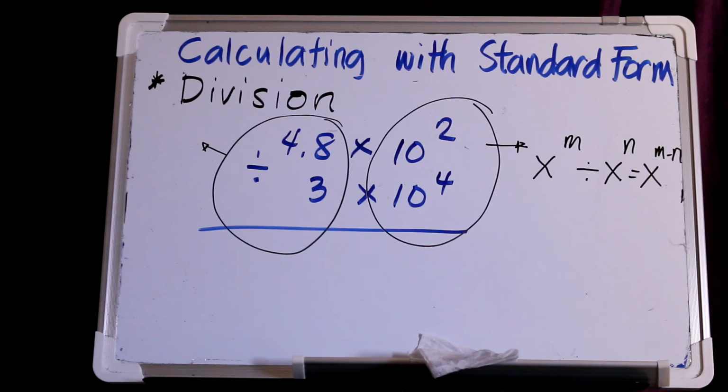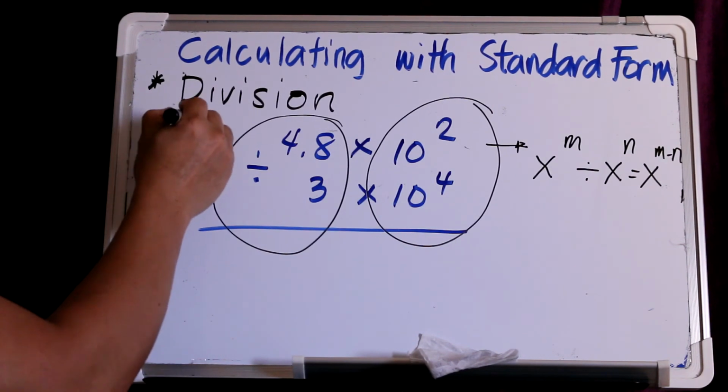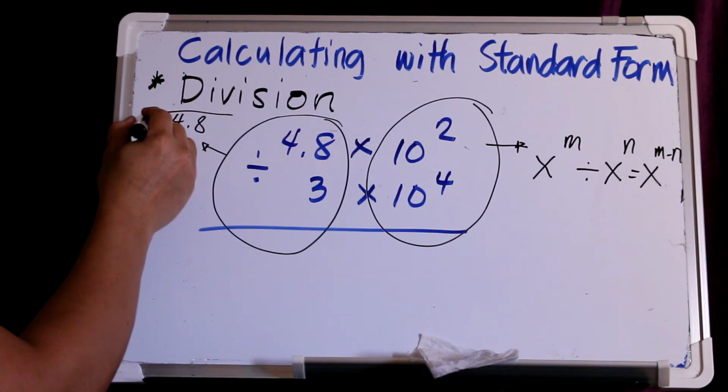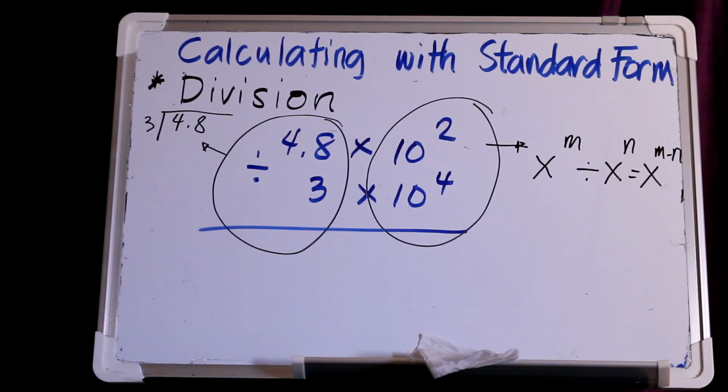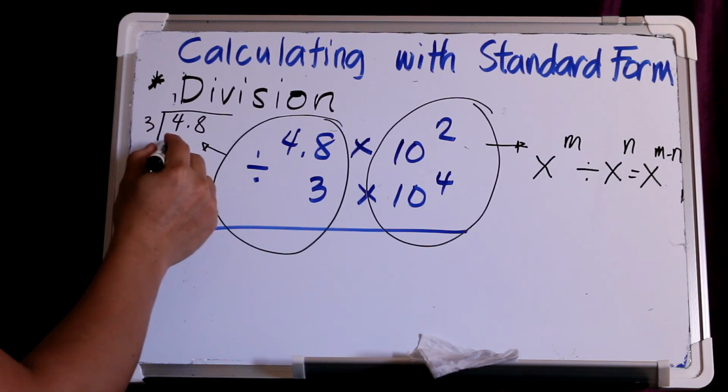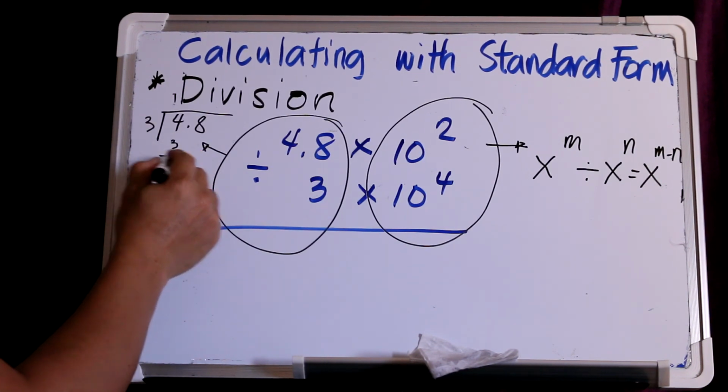In a simpler way of dividing this, when we divide it arithmetically without the use of a calculator, you have 4.8 divided by 3. So you will get 1 and you are going to have 3 here.